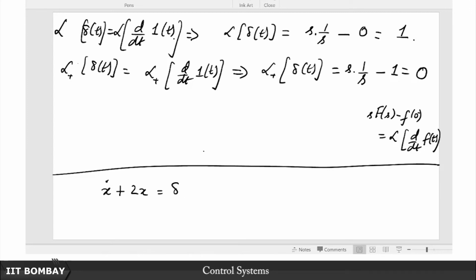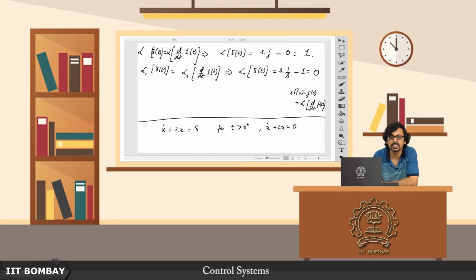So we have x dot plus 2x is equal to delta. So for t greater than 0 plus, what do we have here? For t greater than 0 plus, this equation reduces to x dot plus 2x is equal to 0. Why? Because the impulse has ceased to be, it is an ex-impulse, okay.